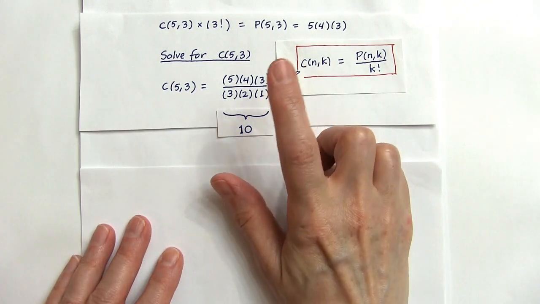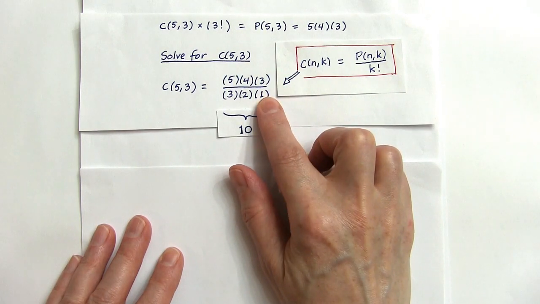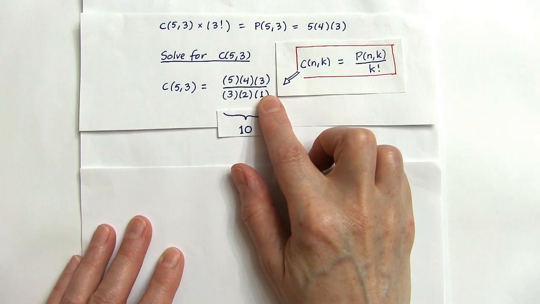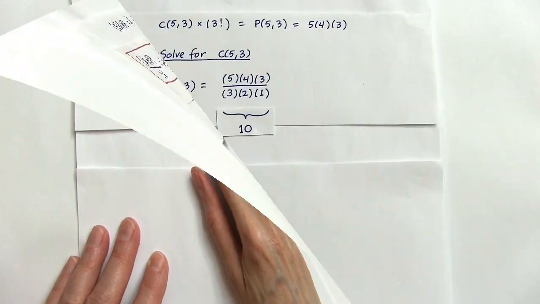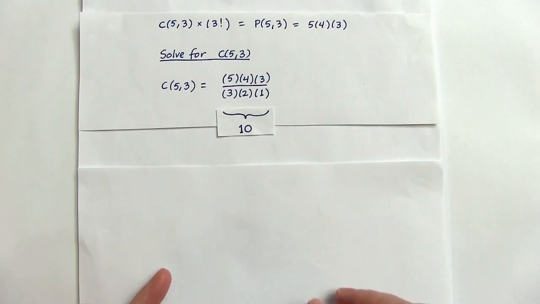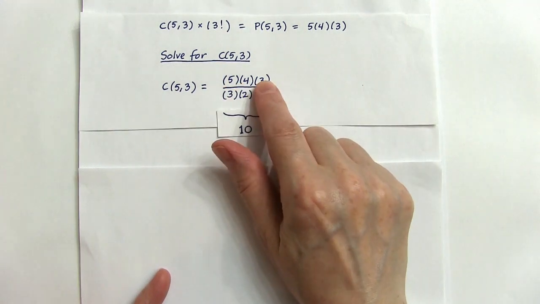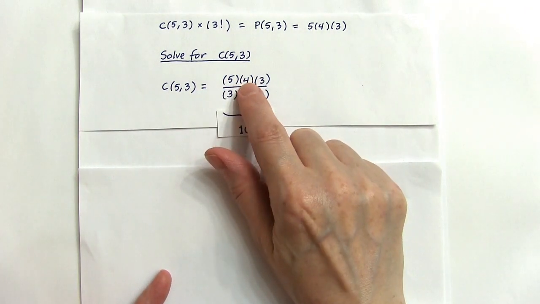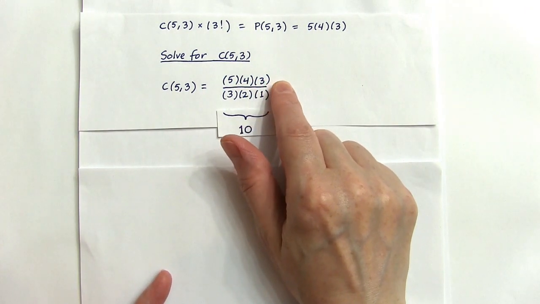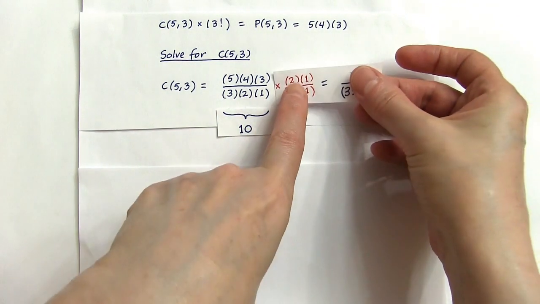However, let me take this formula one step further and show another useful way to write this formula, which is how it's commonly written. So what I'm going to do is look at this numerator, 5 times 4 times 3, and keep multiplying all the way down to 1.